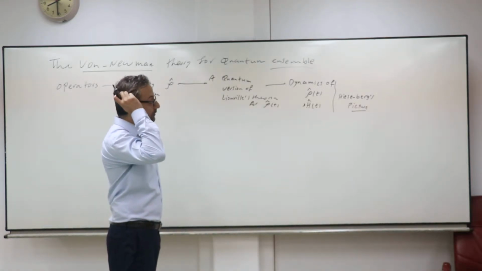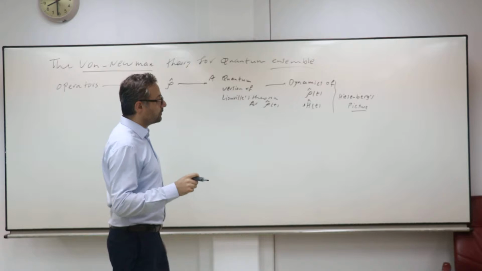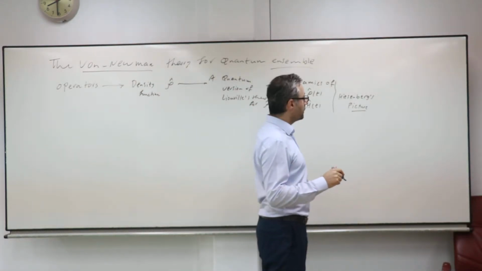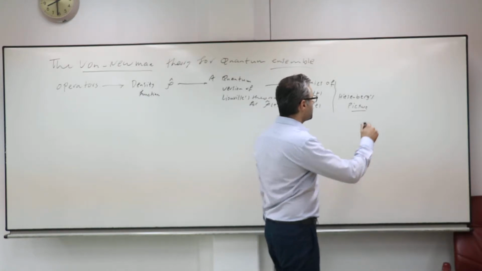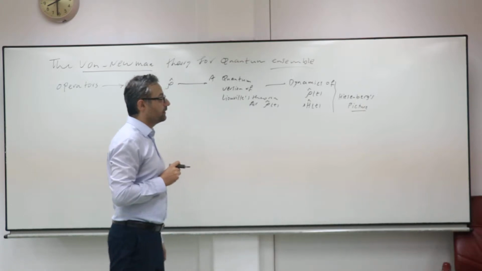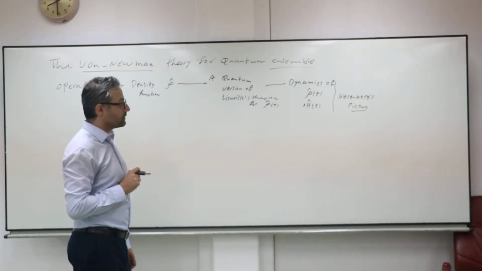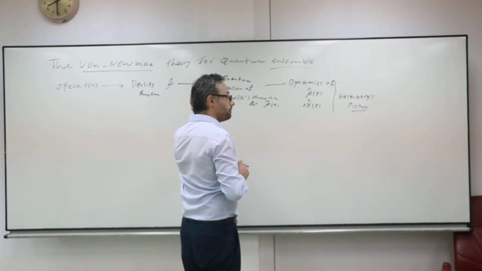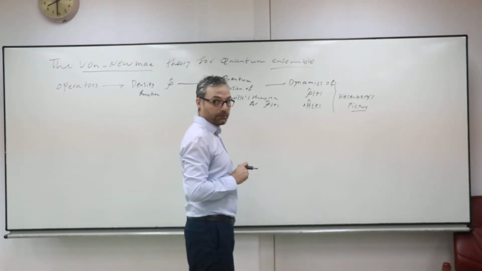One is the Schrödinger approach, where you study the evolution of the wave function of the system. The other one is the Heisenberg picture, where you study the time evolution of the operators. So in von Neumann theory, mainly we will use the Heisenberg picture.